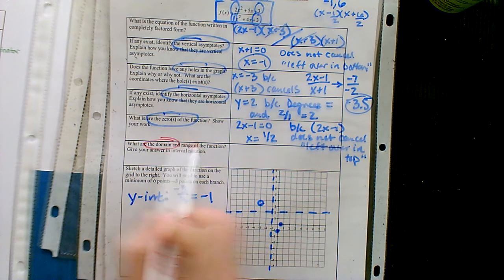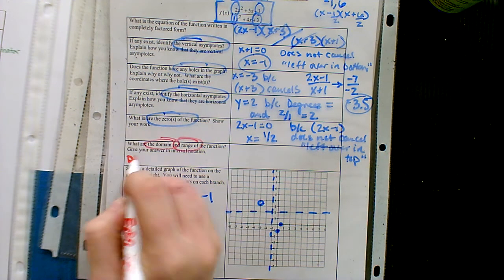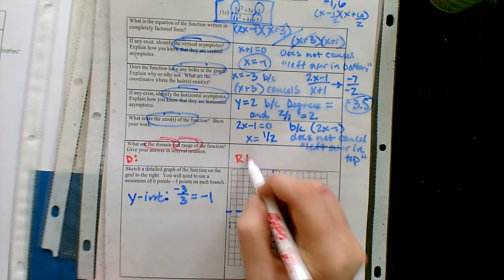Before we get there, though, can we figure out the domain and range before we even fill in the rest of the graph? Do we know which numbers we have to skip over?